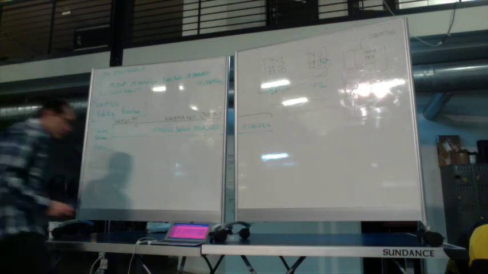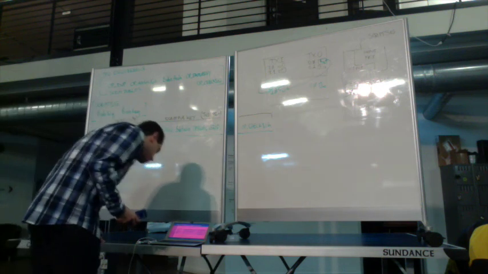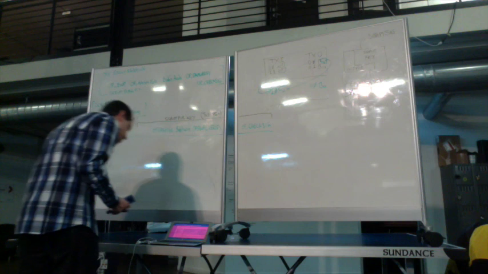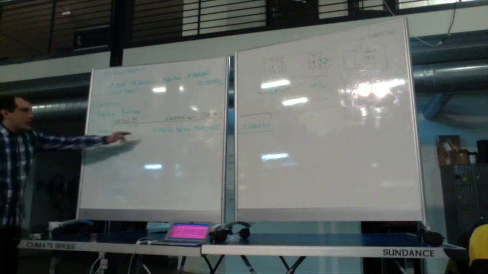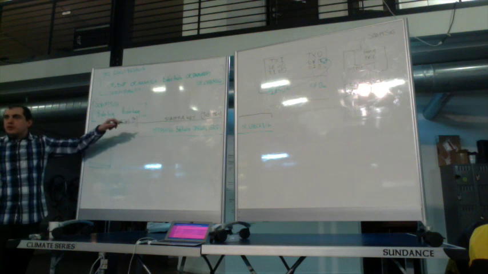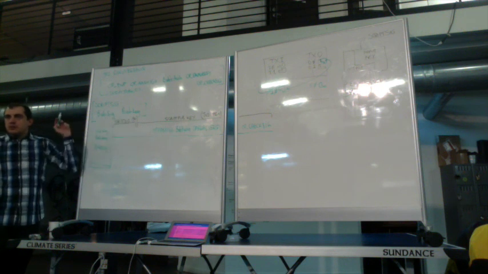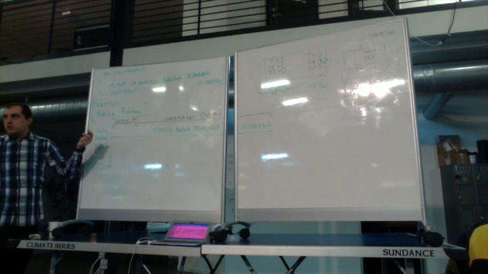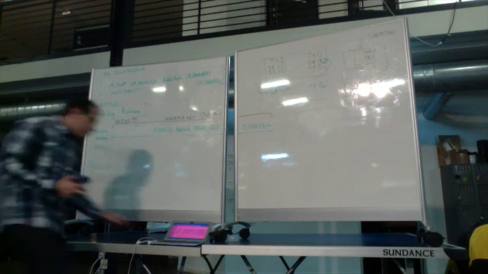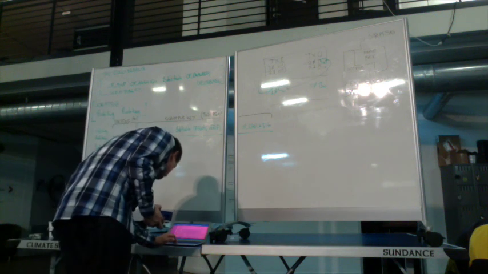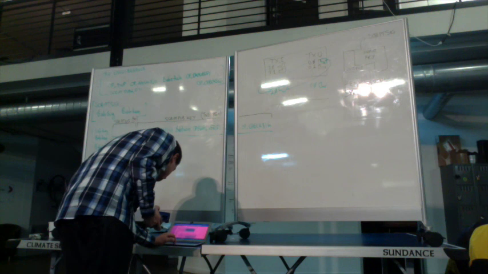OP_HASH160. So OP_HASH160 takes one operand, pops it off, and calculates the 160 double hash of that operand, right?